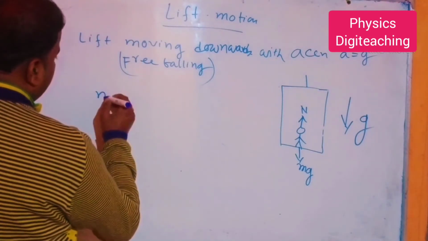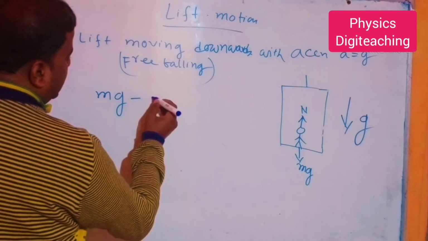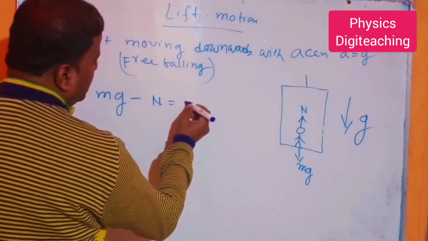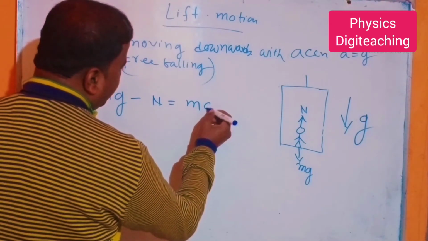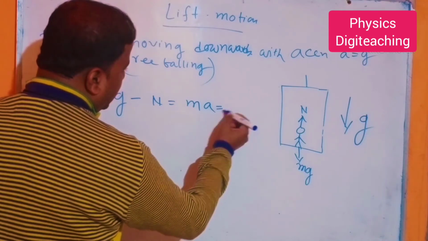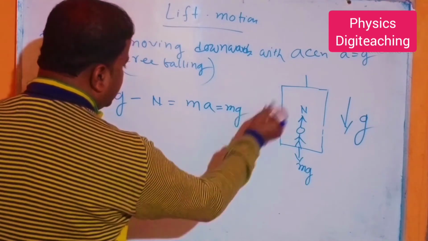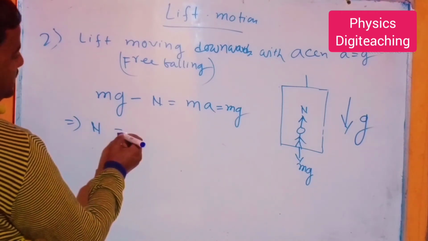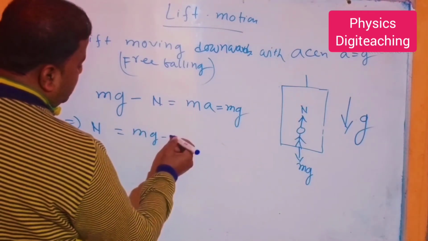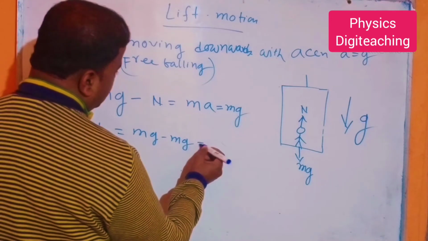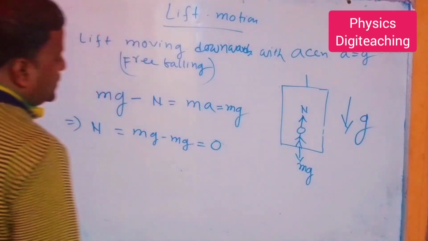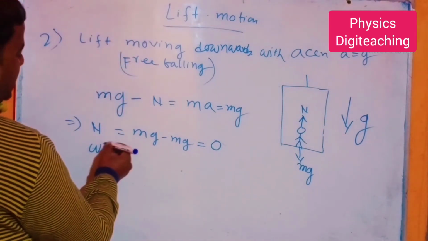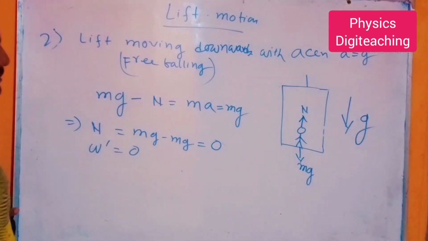Here also mg minus N equals ma, and with a equal to g, that is mg. Then N equals mg minus mg, which is 0. Apparent weight is 0.